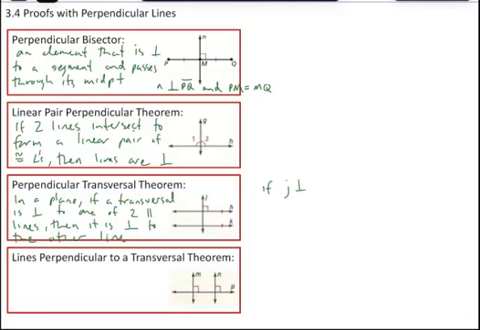So if J is perpendicular to H, and H is parallel to K, then the conclusion is J would be perpendicular to K as well.